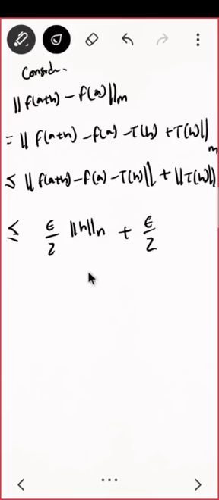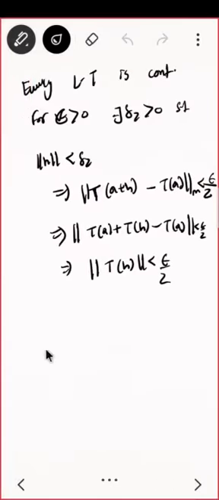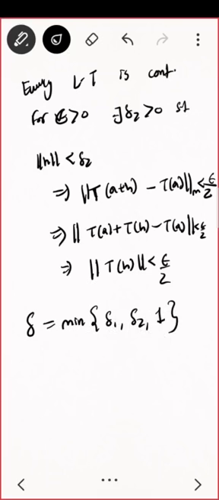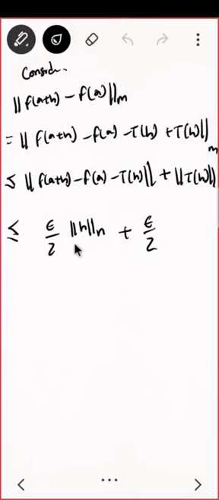Correct? What next? Now I want this to be 1, no? So what should you choose as your delta? Delta must be the minimum of delta 1, delta 2 and 1. So one upper bound will be 1 also, that is norm H will be less than 1 also. Here I will be using that. So this will be less than epsilon by 2 plus epsilon by 2, that is epsilon.